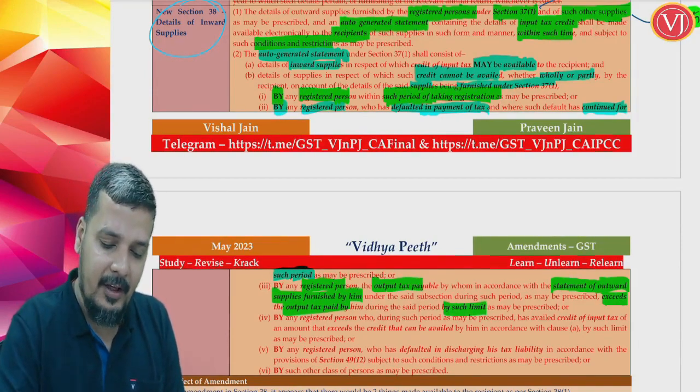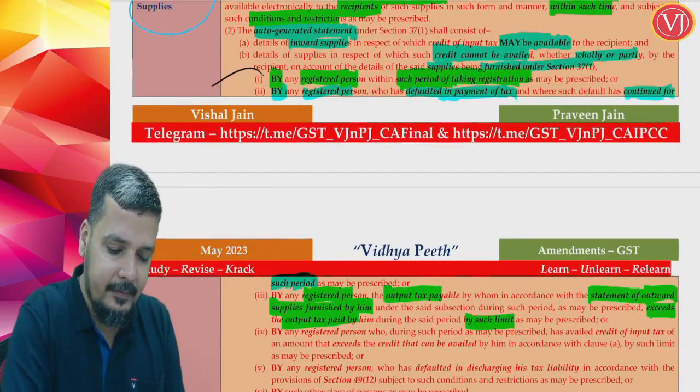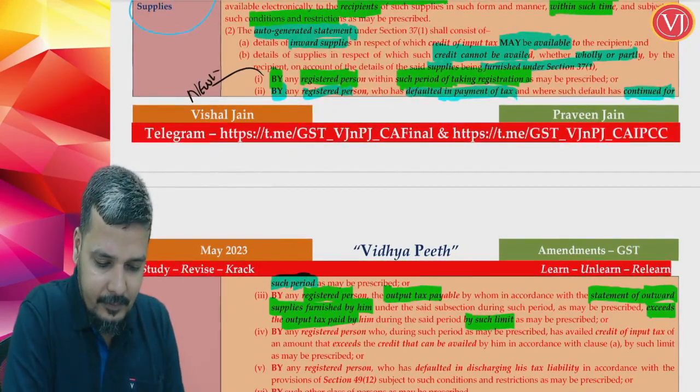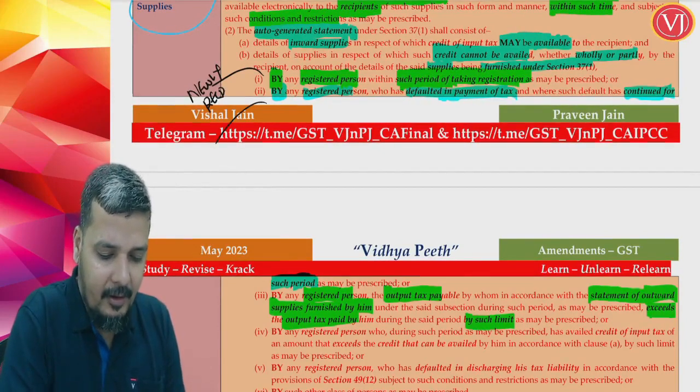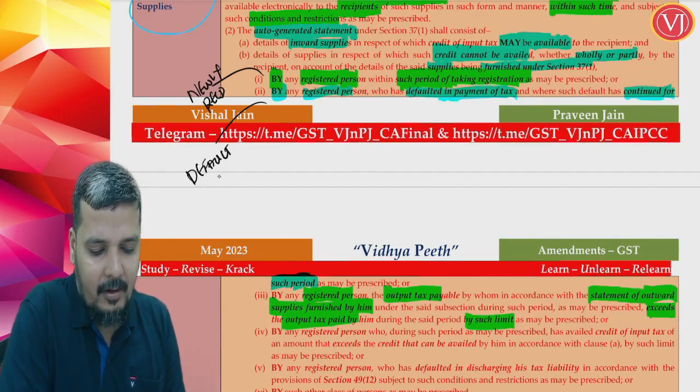So first you are talking about a newly registered person. Supplier is a newly registered person. Second, you are talking about default in payment. He has not made the payment for such time as may be prescribed.